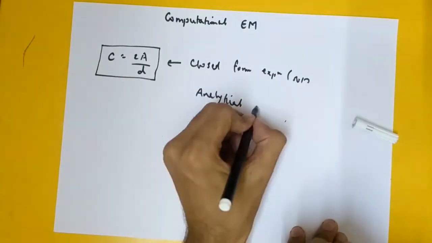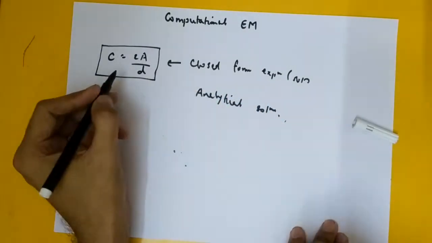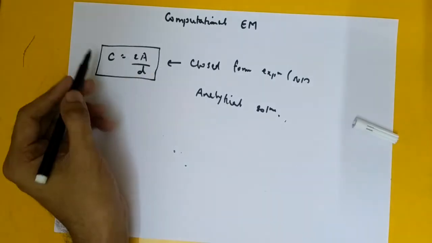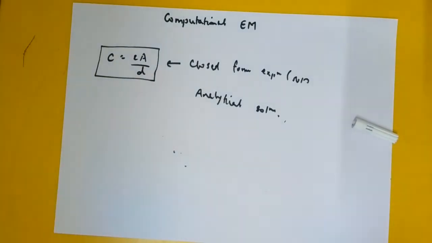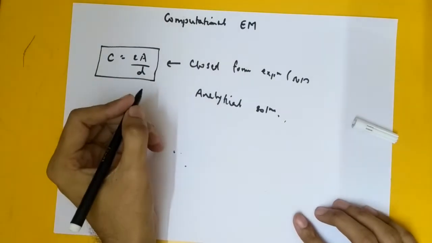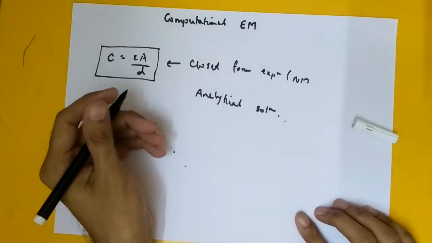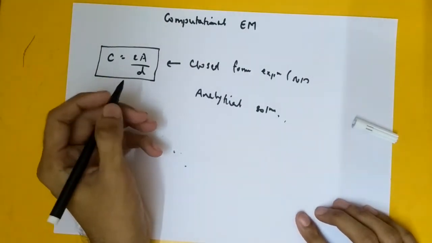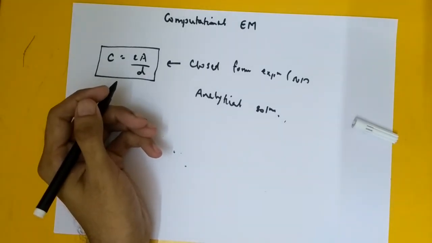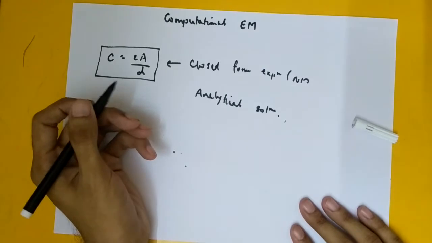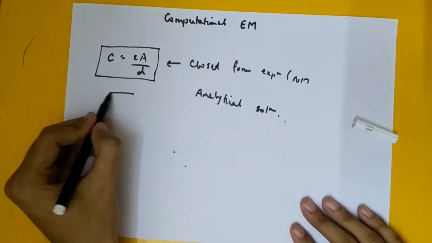That is, you have some assumptions or expressions, you just substitute the parameters and you get the answer. For example, we have Maxwell's equations, wave equations, etc. But the problem with analytical solutions is they can be solved for simple configurations only. For example, we solved Laplace's equation for a small surface.